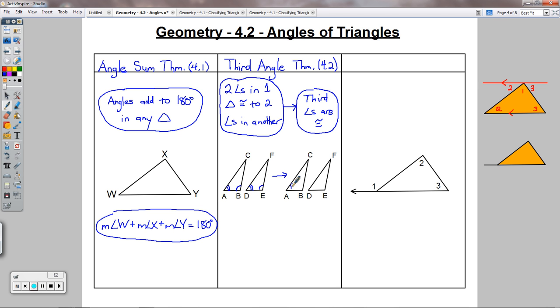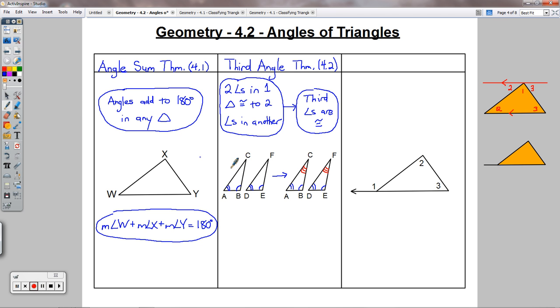So let's draw in the two arc marks again, here and here, in a different color. I would highly suggest that you put the third angle in a different color. Based on this theorem, we can say that angle C would be congruent to angle F in this particular case.